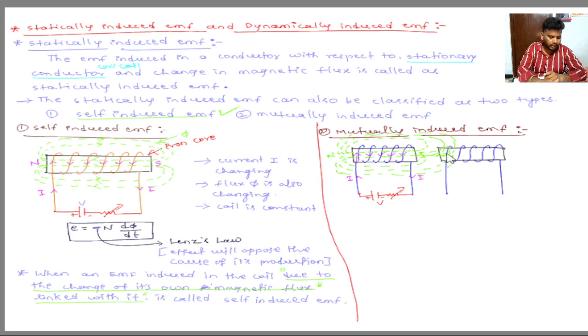We are not connecting any supply to the second coil; the change in flux in the first coil induces EMF in the second coil. This is called mutually induced EMF.